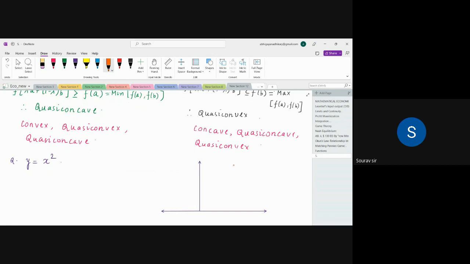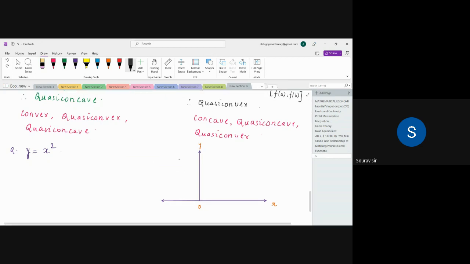So x, y, 0. It's basically the standard U shape. So this is my y equals x squared.